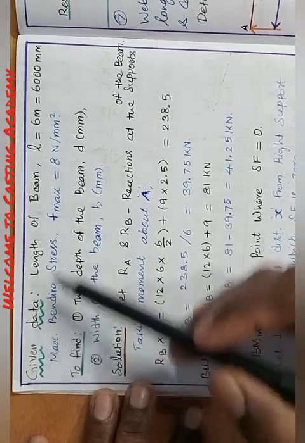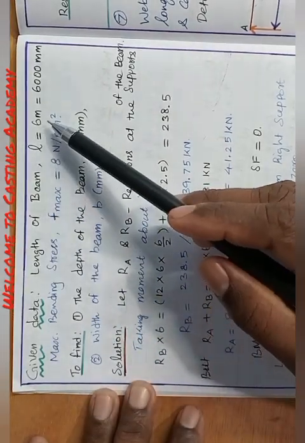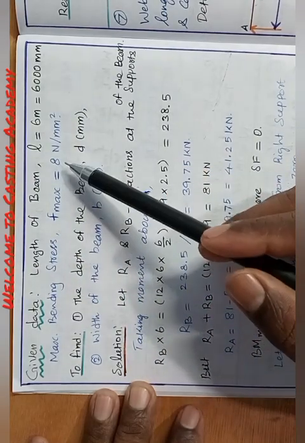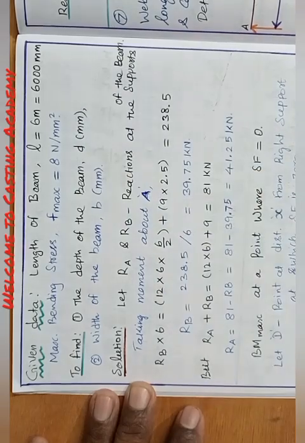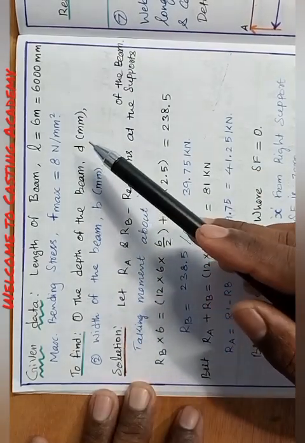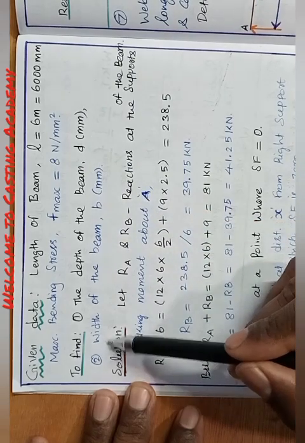Given data: the length of the beam L equal to 6 meter, maximum bending stress f max equal to 8 Newton per mm square.